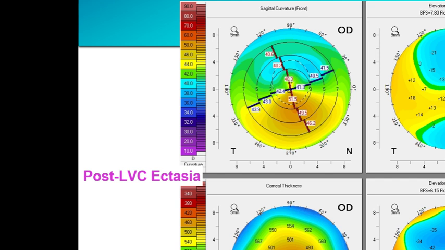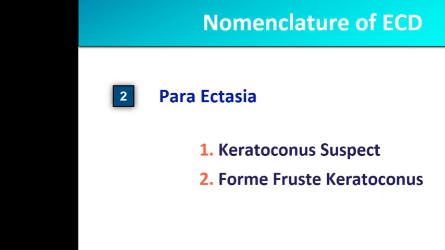However, in a tomography point of view, it may take any of the previous shapes. Okay, so post-laser vision correction ectasia, it may take keratoconus shape, pellucid-like keratoconus shape, or even pellucid marginal degeneration shape. So, in ectasia, it might be any of the previous one.